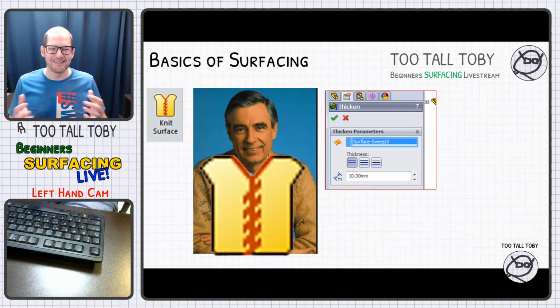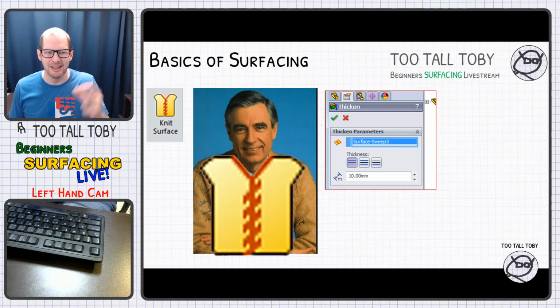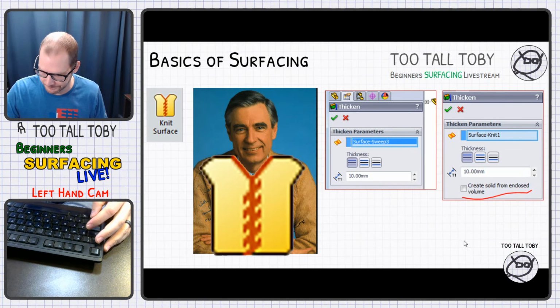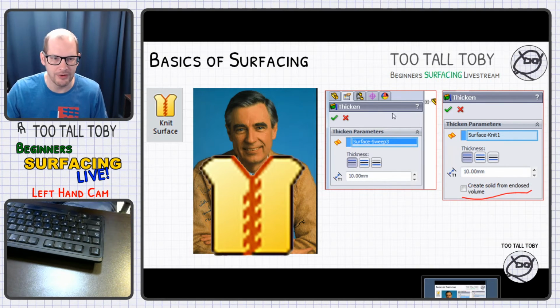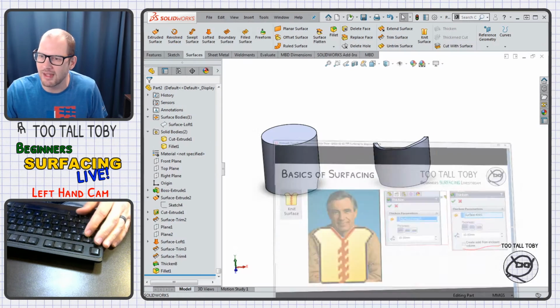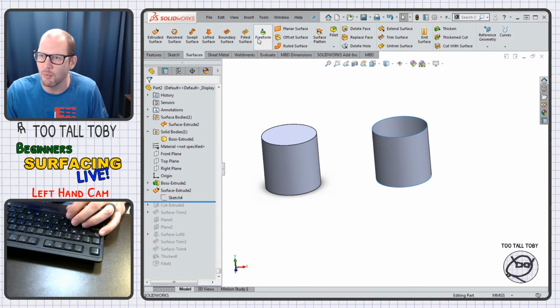When you're doing that knit surface command, you want to remember that you're looking for that new option that says create solid from enclosed volume. That's only going to show up when you have a completely watertight vessel.